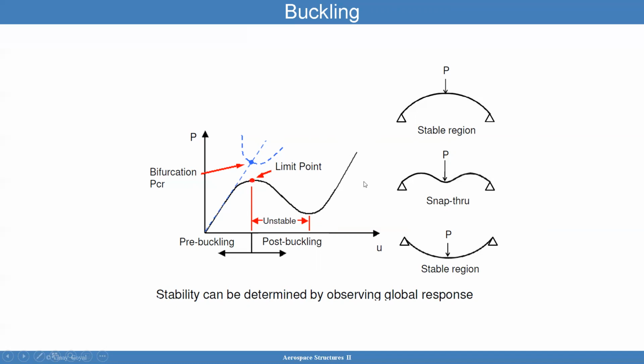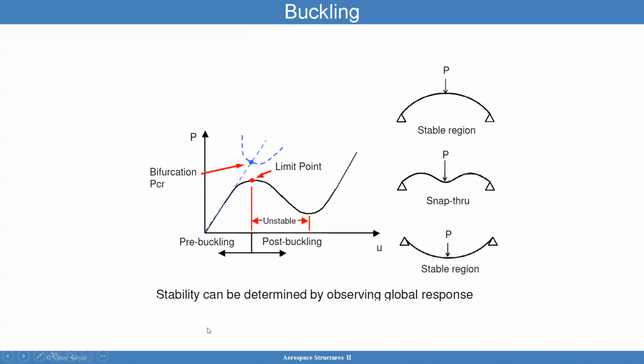It's going to jump, and the reason is that most applications are subject to load control. The loads are driving the phenomena. It's not somebody holding it in place and pushing it in a controlled deflection manner. Okay, so we will call this stable under displacement control. However, under load control, it's unstable because the load is going to jump from one configuration to another.